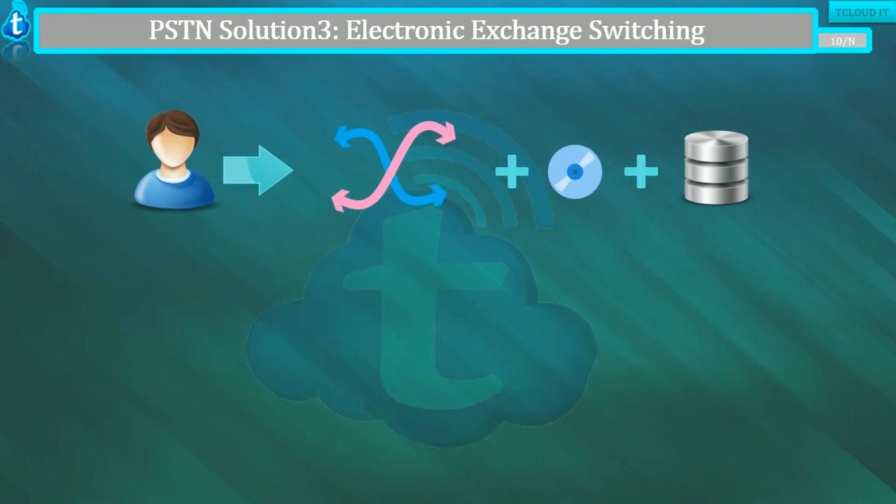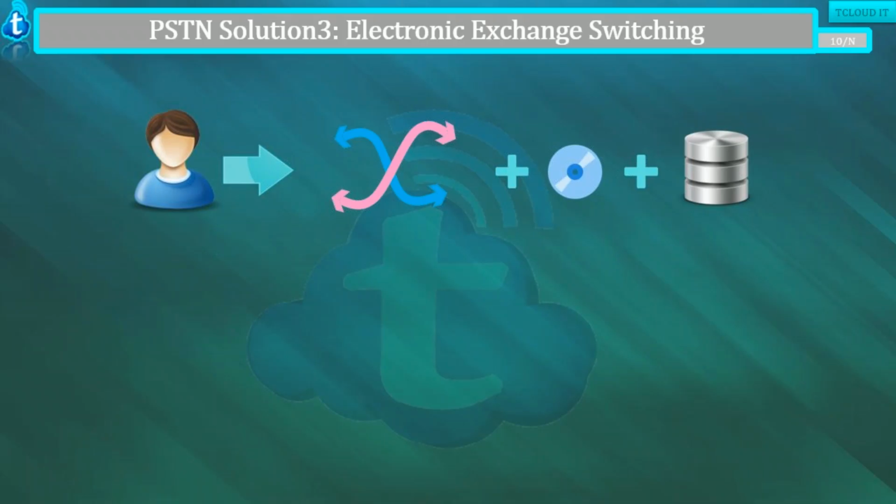So what we are understanding here is, if you wanted to replace these operators in the exchange in the middle, who are connecting the end devices, what do we actually need? We need an automatic electronic device which can make electronic switching, an electronic connection from one port to another port, after the software has made a decision by looking into the database to provide that service or not on the basis of the subscription details of that user.